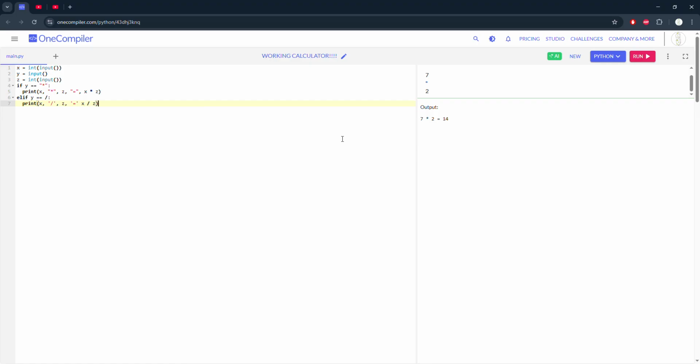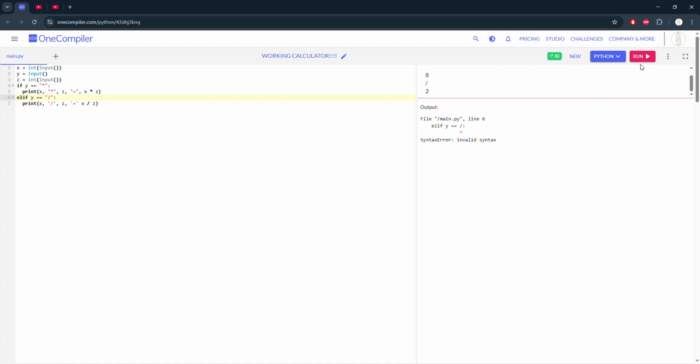So now if we put an 8 here, because we can't divide a 7 by 2, and we put a division mark, oh, of course, at the end of every single sign, we're going to have to put these, because our program doesn't realize what that is, because it's not a variable.